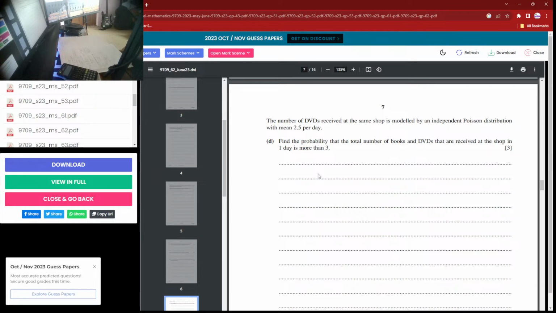Find the probability that the total number of books and DVDs that are received at the shop in one day is more than 3.